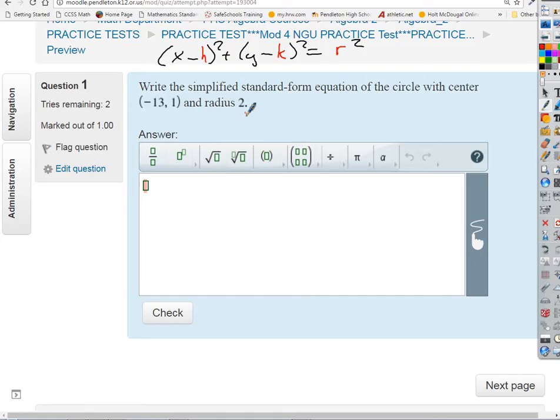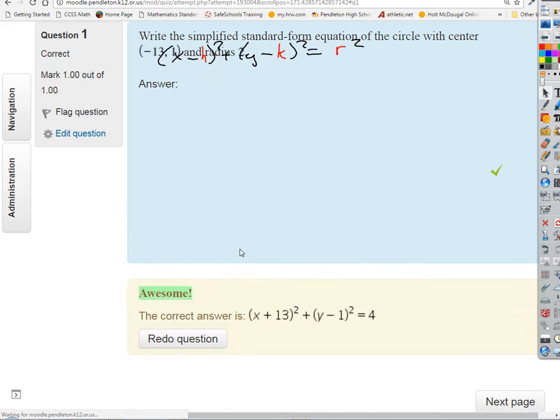I'm just going to put in x, how do I say minus negative 13? Plus 13, good. Plus (y minus 1) squared equals, what's 2 squared? 4. That's it, right? Okay, questions?